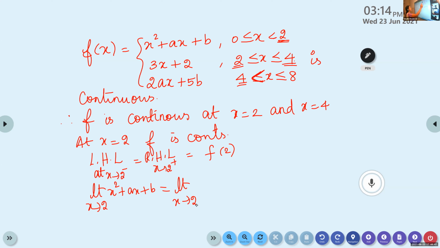In a neighborhood of 2 we take the close value, so it is 3x plus 2, equal to f of 2. When x is 2, this is the function, so it will be 3 into 2 plus 2. Left hand limit is equal to right hand limit is equal to the value of the function.